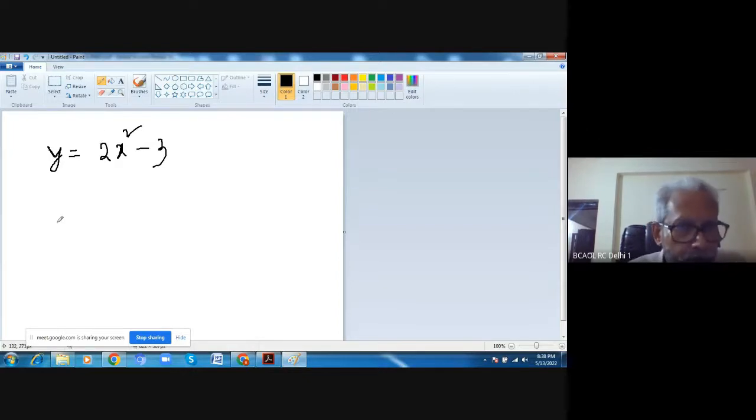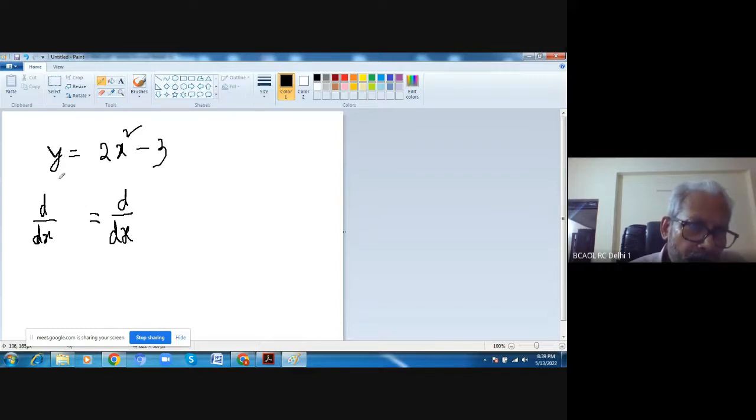Now when you are differentiating both sides, then d by dx always comes. So d by dx of y is equal to d by dx of the right side. You try to study in this way only, then no mistake will be there.